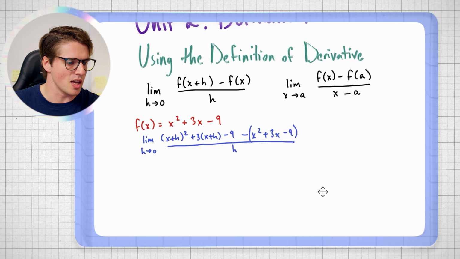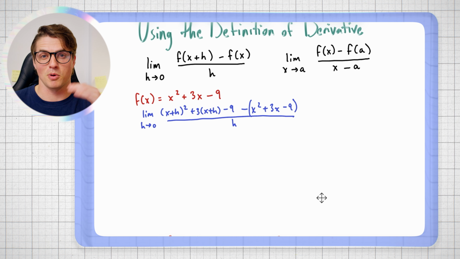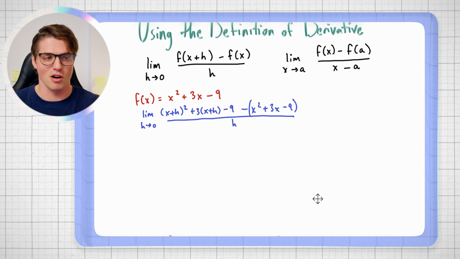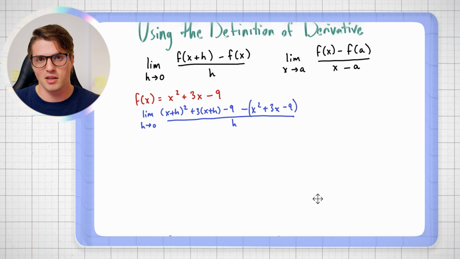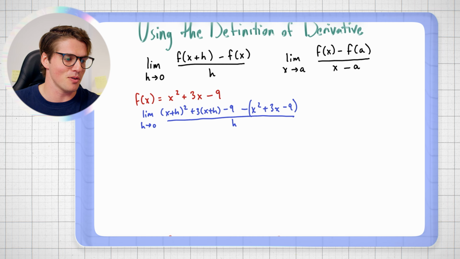And you can see once the exponents get much larger, this definition gets kind of hard to use. We actually do have a tool that makes this much faster that you'll learn in about a week. But for now, we need to know how to use the definition.